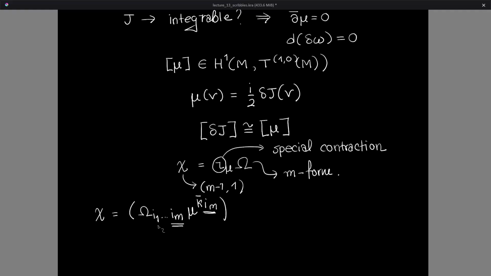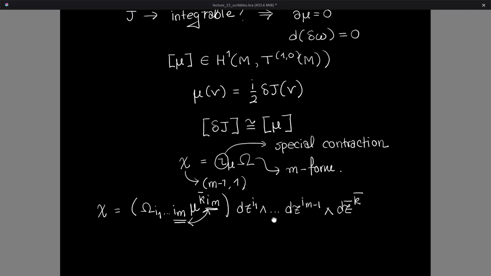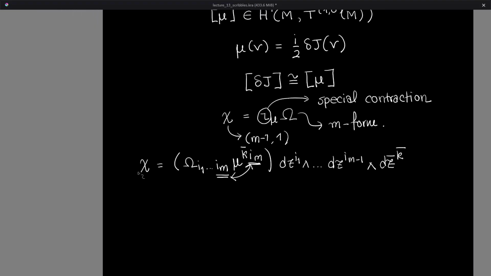You can think that they kind of destroy each other. That's the way I kind of think about it. So we're left with the basis 1-forms dz^{i_1} wedge dot dot dot dz^{i_{m-1}}, because we've annihilated these two, and we have to wedge that last one, d z bar k bar, right? And so this chi is an m minus 1 form.